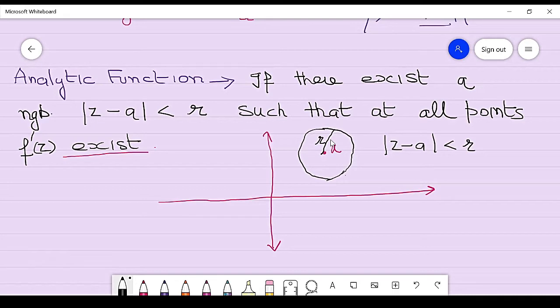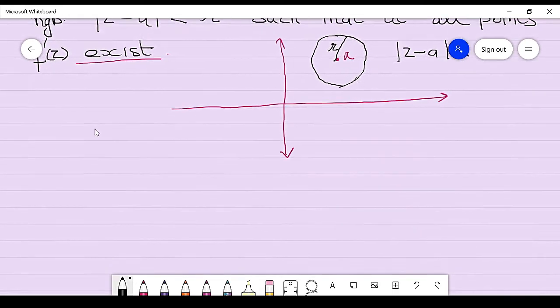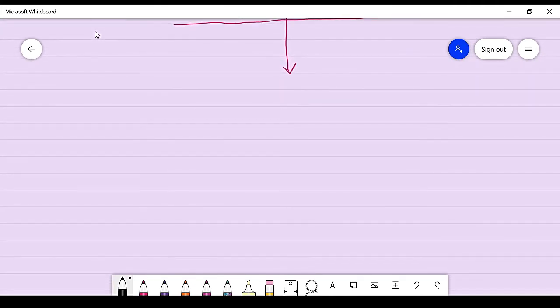Now from the definition it is clear that analytic implies differentiable, but the converse is not true. It means if a function is analytic at a point, then it is differentiable, but the converse may or may not be true.